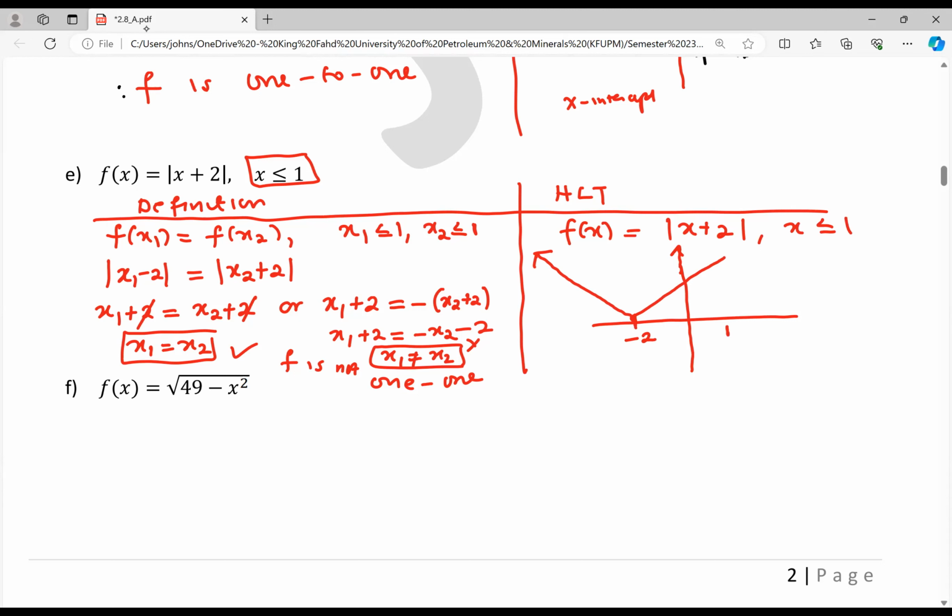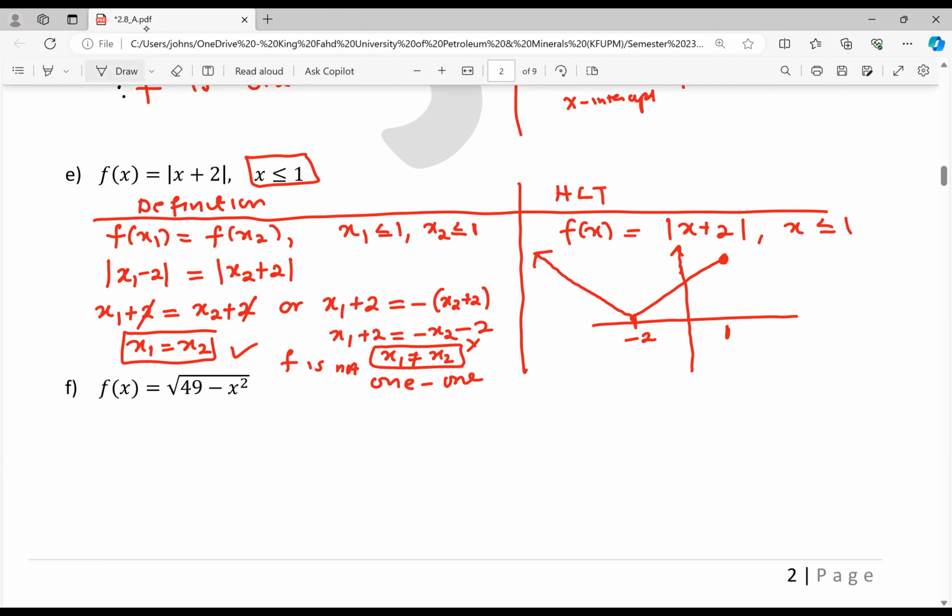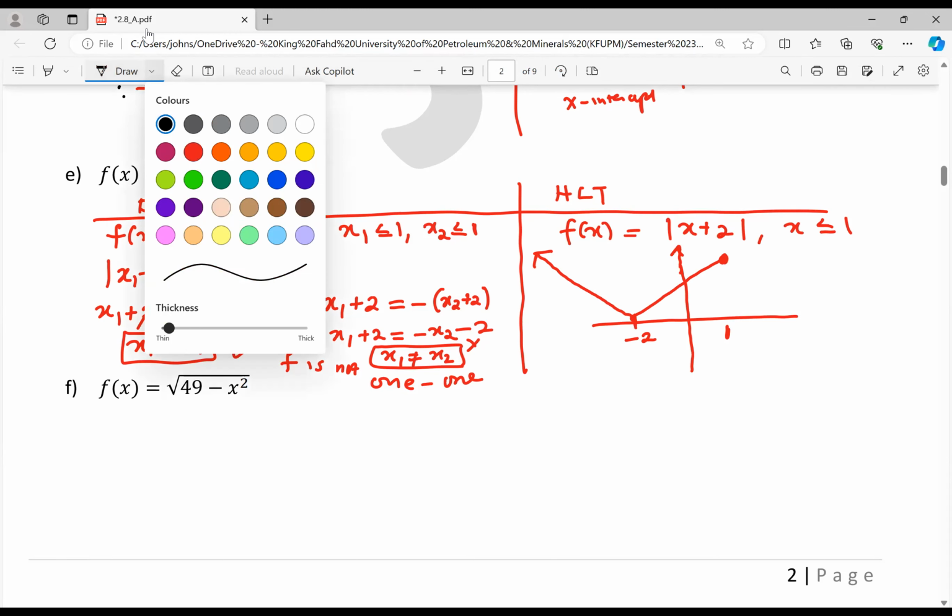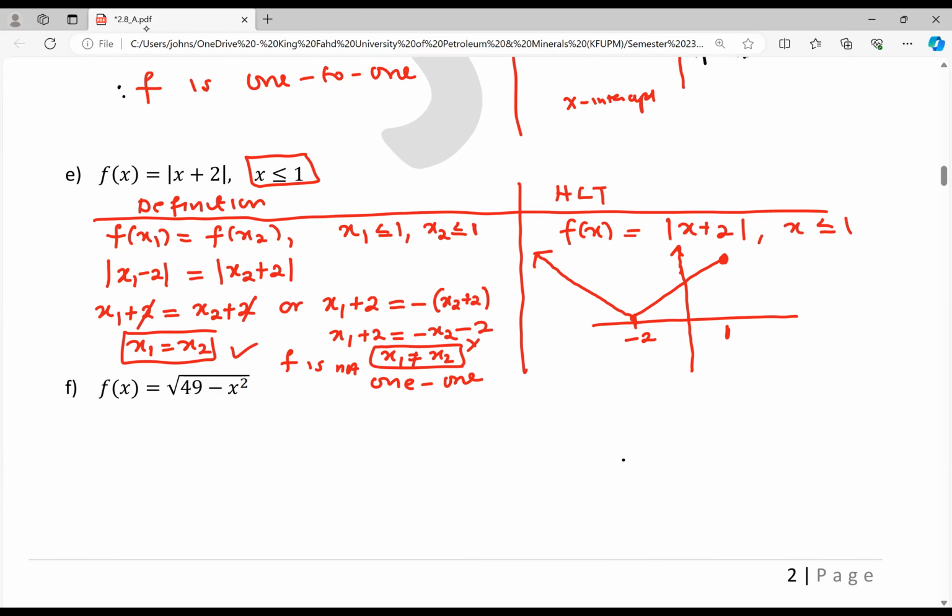So it means you have to stop at 1, and here it has to be closed because of the equality. So this is the graph. As you can see from the graph, if you try to draw the horizontal line, clearly it crosses more than once. So you see f is not 1-to-1.